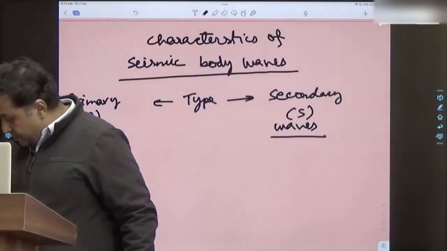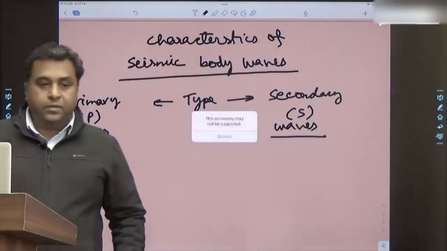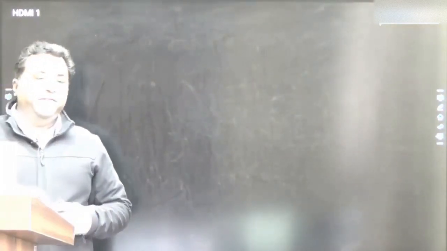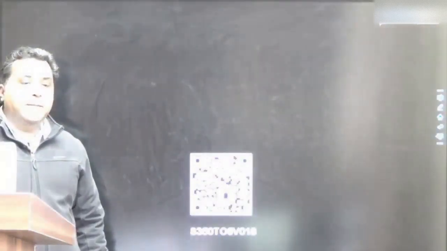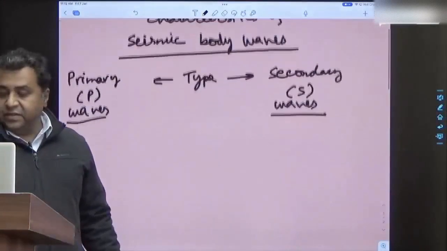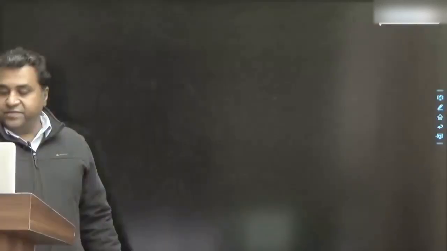We have the P wave as well as the S wave. These are the two types of waves that we have.